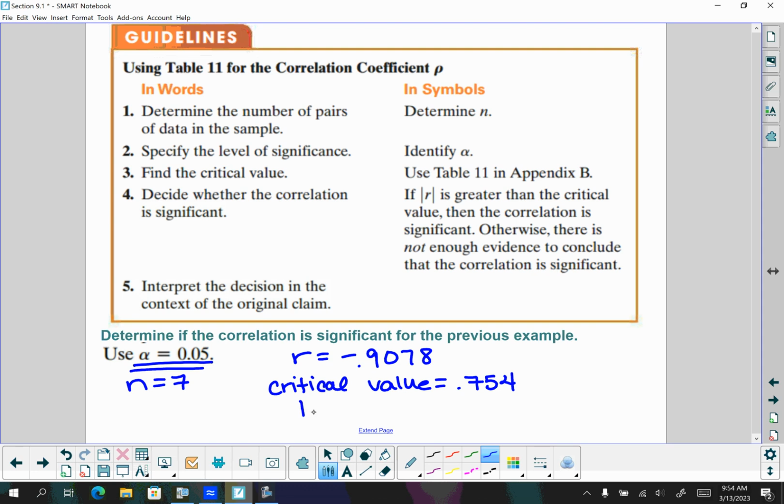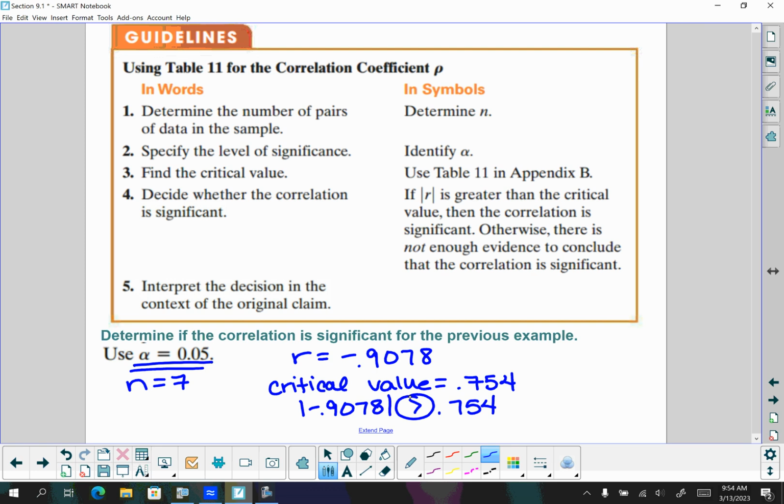Okay, so now we want to compare the two. The absolute value of r, 0.9078, we're going to compare to 0.754. In this case, the absolute value of negative 0.9078 is greater than 0.754.